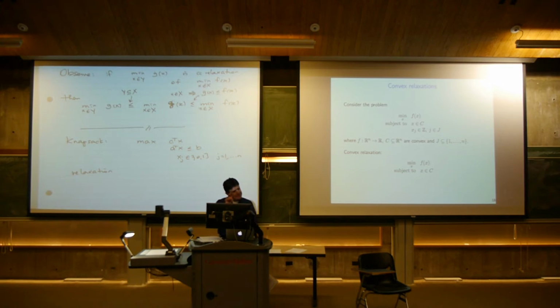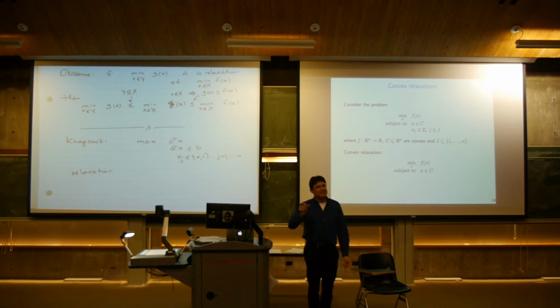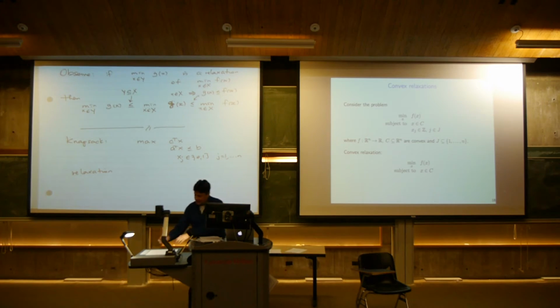So the relaxation, this is important because we know that those are binary. When we have binary variables, the relaxation is always, by convention, we include the constraints 0 and 1. So the relaxation is the following.